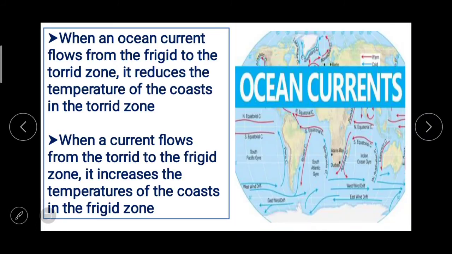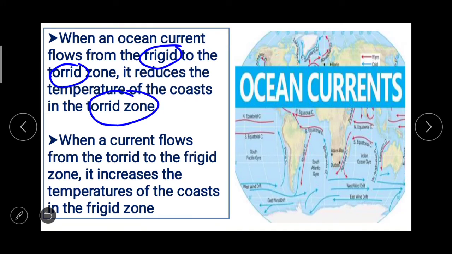So when an ocean current flows from the frigid to the torrid zone, it reduces the temperature of the coasts in the torrid zone.